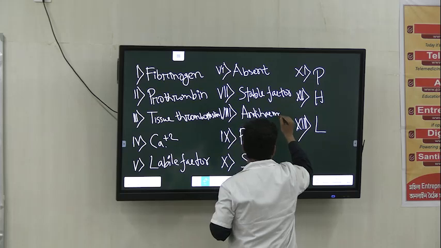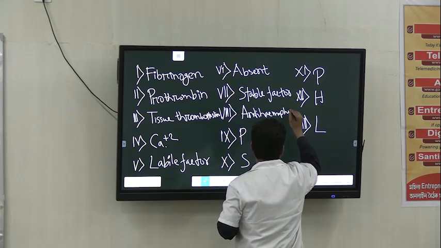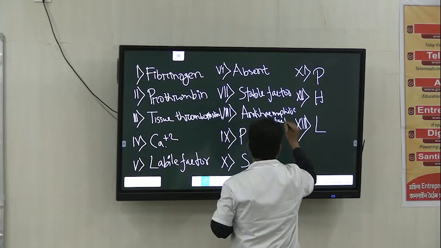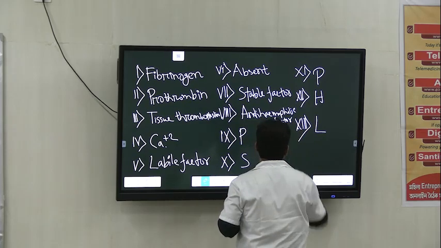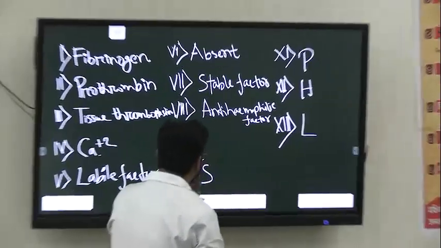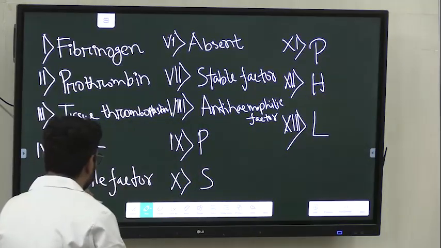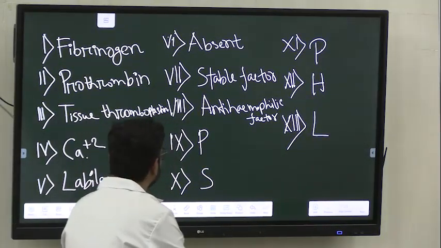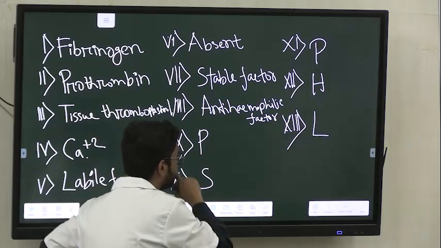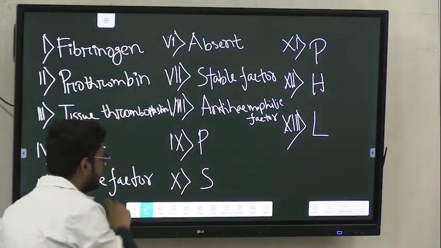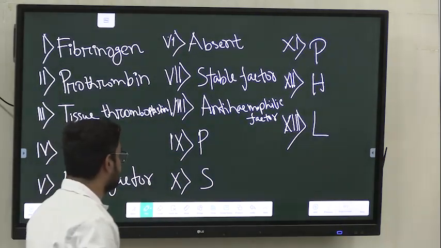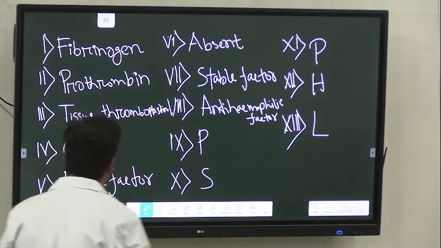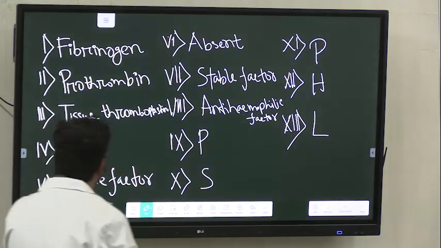So now you can see, in absence of this factor, there will be hemophilia, since the name is given anti-hemophilic factor. So this one is factor 8. Remember this. Absence of this protein will cause hemophilia A.